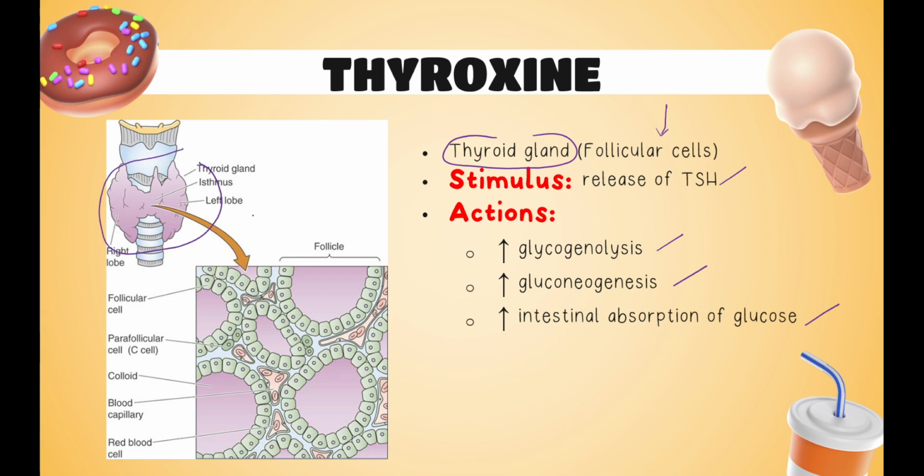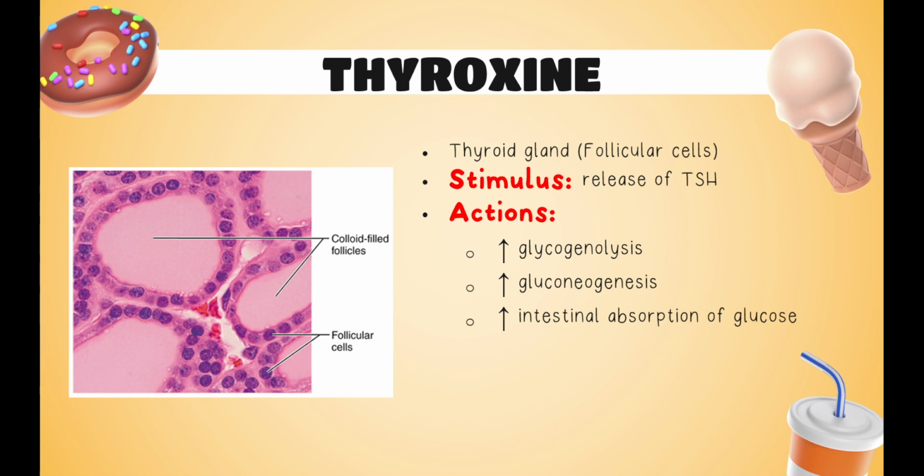Inside the thyroid gland, ganito po yung makikita natin. San po yung follicular cells? This one. Yung parang nag-encircle ng fluid portion inside. And if you try to look at it under the microscope, ganito po yung itsura niya. Ito pong parang fluid-like inside, this is what we call your colloid.